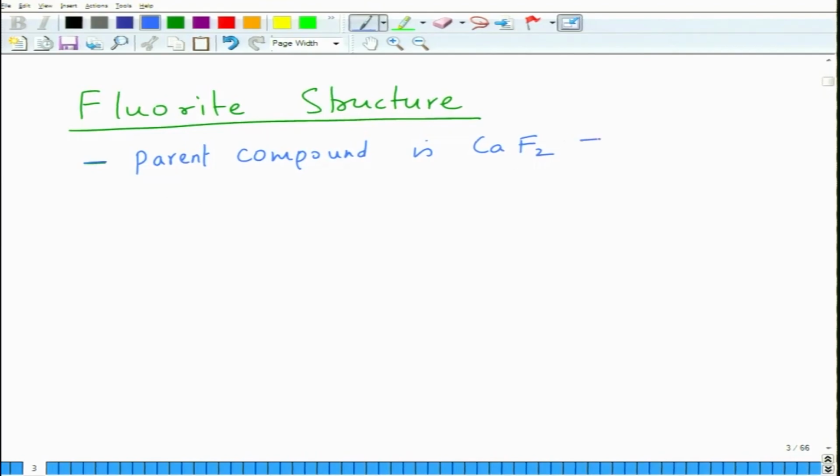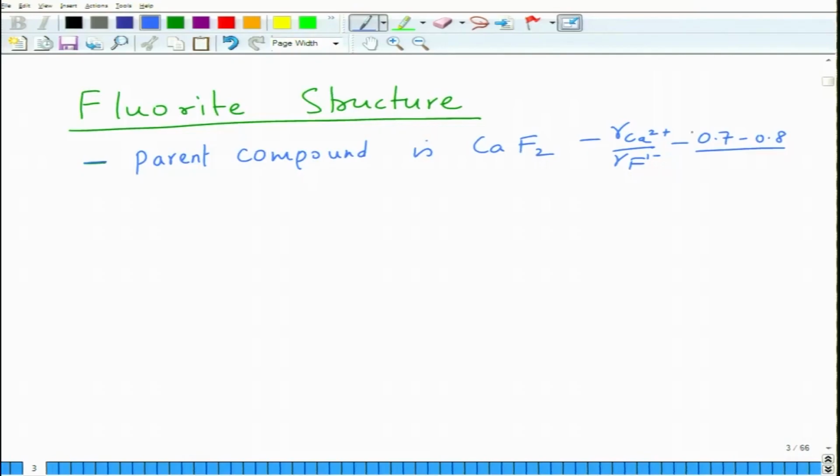Here the ratio of R_Ca to R_F is such that, I think it's between 0.7 to 0.8 depending upon the radius, but closer to 0.8. Nevertheless, it falls in the boundary of octahedral to cubic coordination.